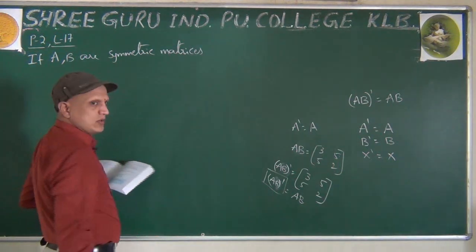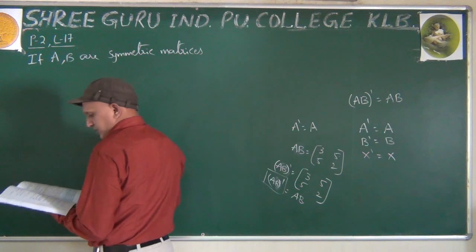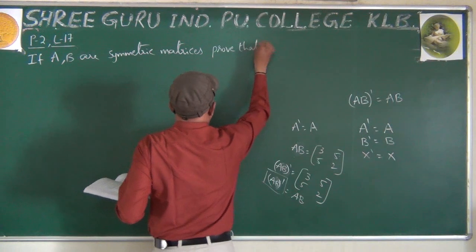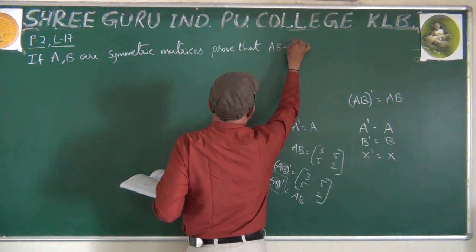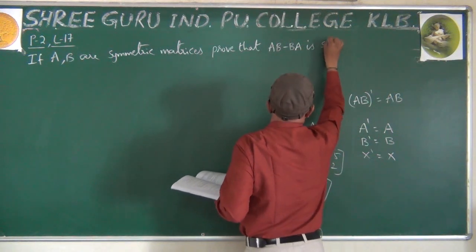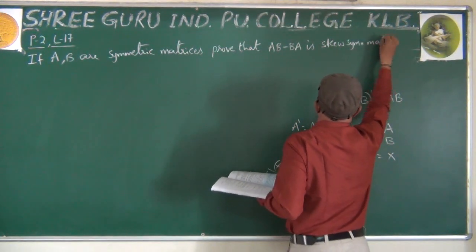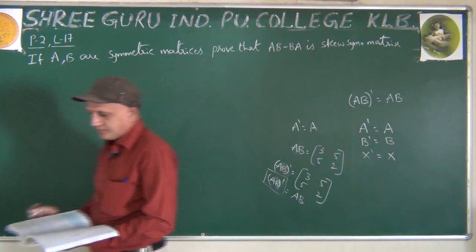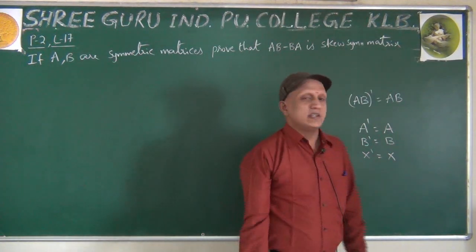A dash equal to A, B dash equal to B. If A and B are symmetric matrices, prove that AB minus BA is a skew symmetric matrix.